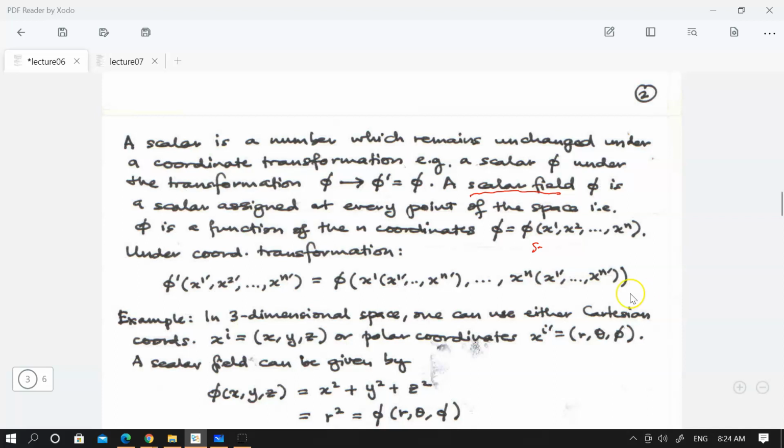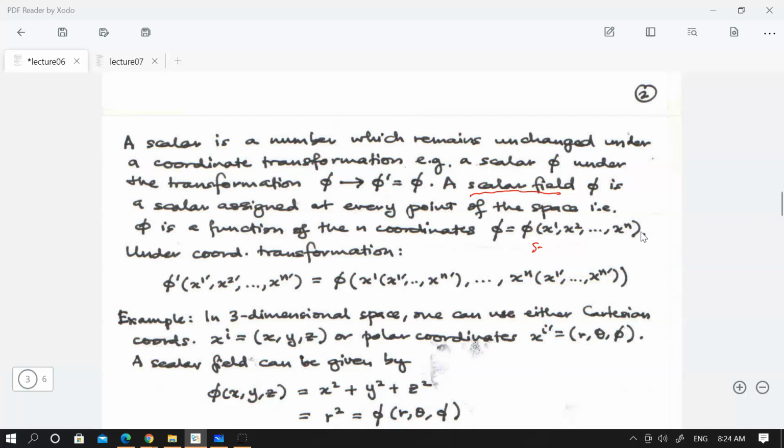One can describe it as a function of the x coordinates here, or one could equally describe it in terms of your x dash coordinates. To differentiate, this can be written as phi dash, but since it is a scalar, your phi dash must equal phi.